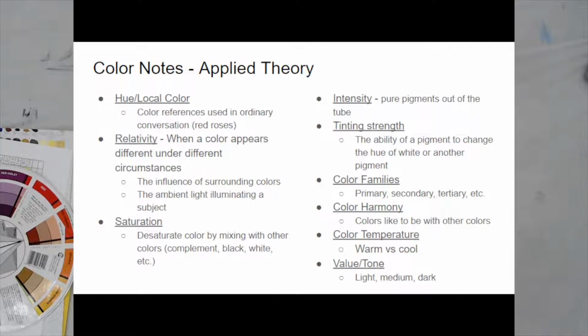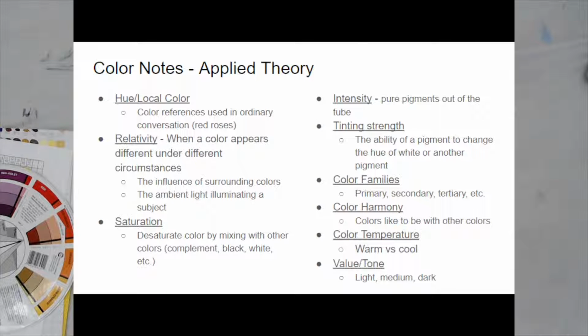It's like an optical illusion sometimes. So that's what relativity means. The influence of surrounding colors in that case, but also the ambient light illuminating a subject. Sometimes the light from a window could appear to be cool in a still life, whereas artificial light could appear to be warm.